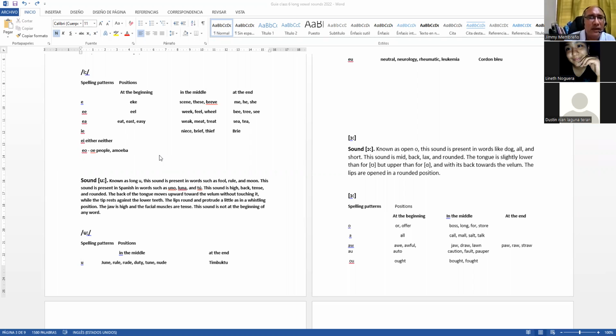So we have the word here at the beginning, two E letters, and it is eel, eel. And in the middle, we have week, feel, wheel. At the end, we have the words bee, tree, see.